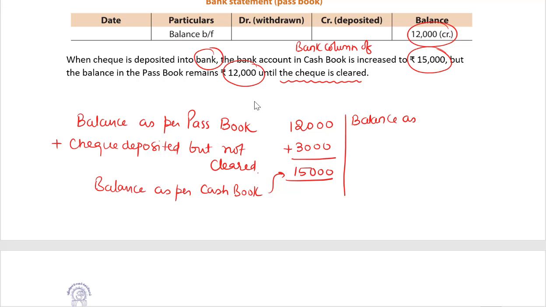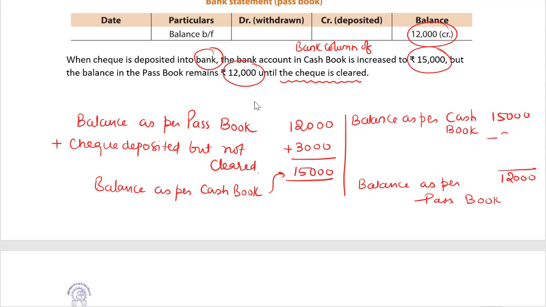Vice versa, suppose the balance as per cash book is given, 15,000. Do what we have done before. We need to see the passbook. What is the balance in the passbook? 12,000. Balance as per passbook, 12,000. We need to match this 15,000 to 12,000. So we will deduct 3,000. 15 minus 3 is 12.